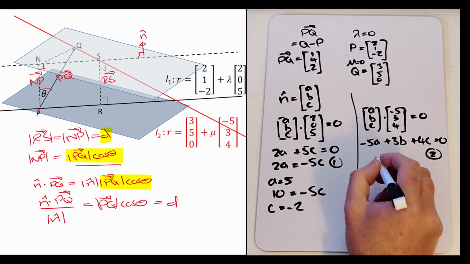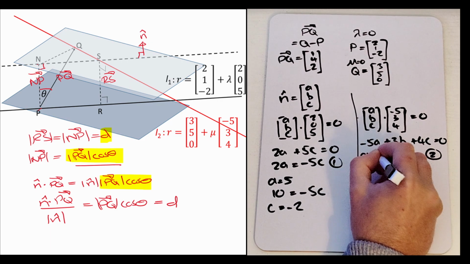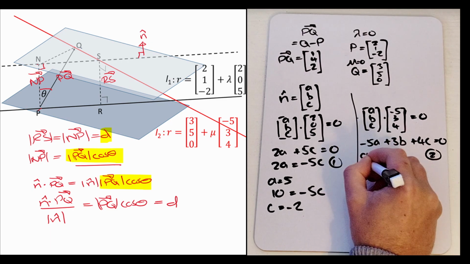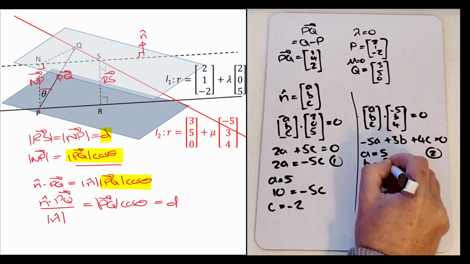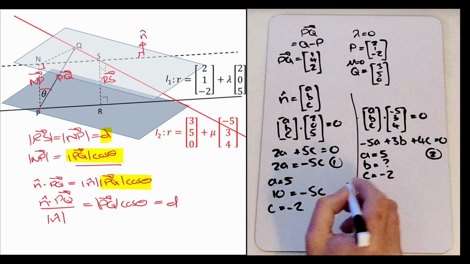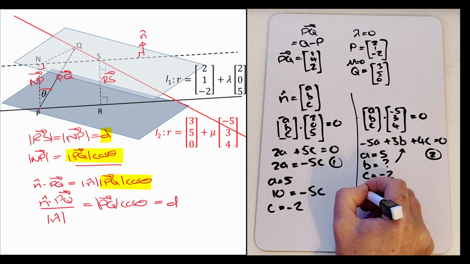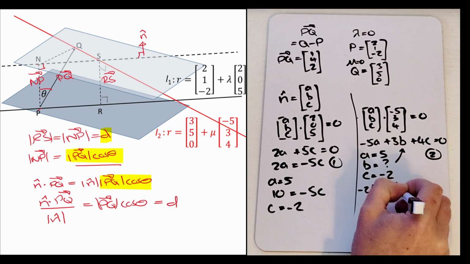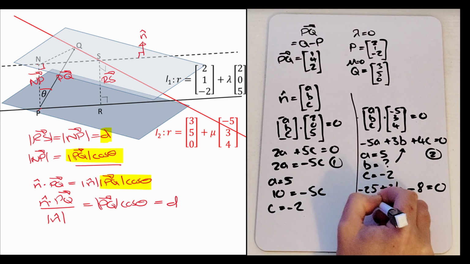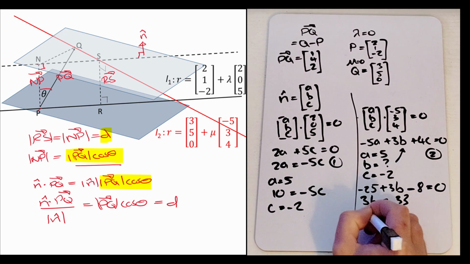but I want to now use my second equation on the right hand side to work out what our value of b is, our missing parameter. So a is equal to 5, b is what we're after, and c is equal to -2. So if we plug everything into our equation, we've got -25 plus 3b minus 8 equals 0, and that simplifies to 3b is equal to 33, so b is equal to 11.